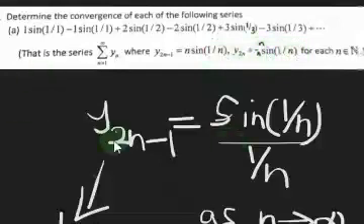So we showed that this subsequence converges to 1, because of that the limit of this sequence does not converge to 0, therefore the series is divergent. So let's look at this problem here, right?